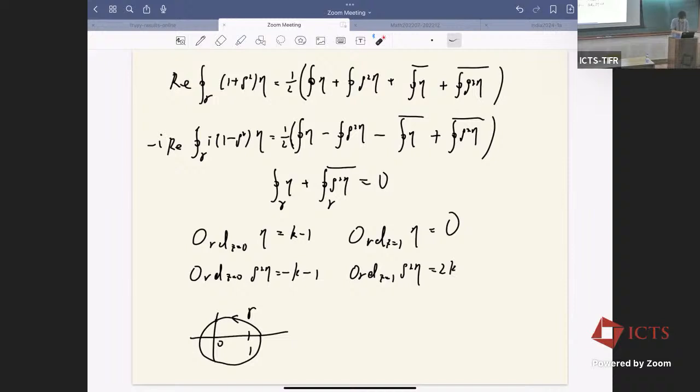Anyway, first we just collapse the gamma to this line segment, this and this, and then we can evaluate.